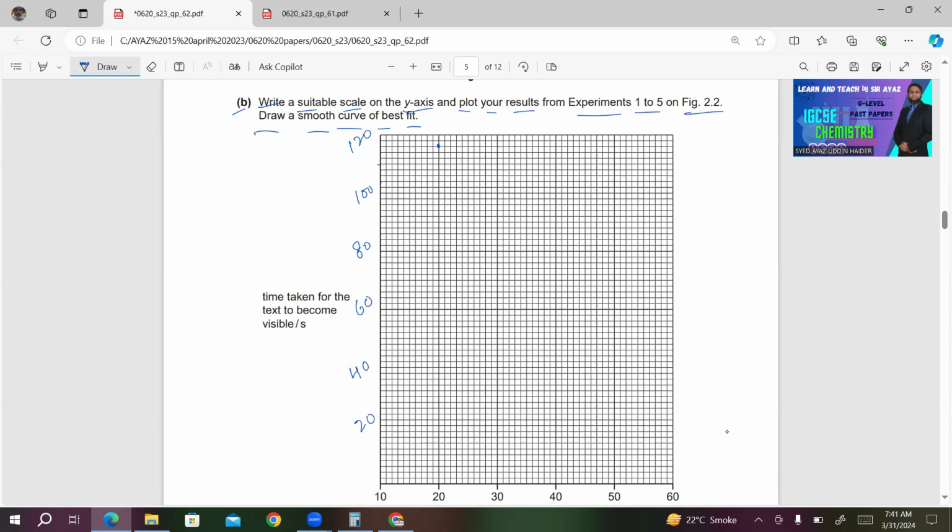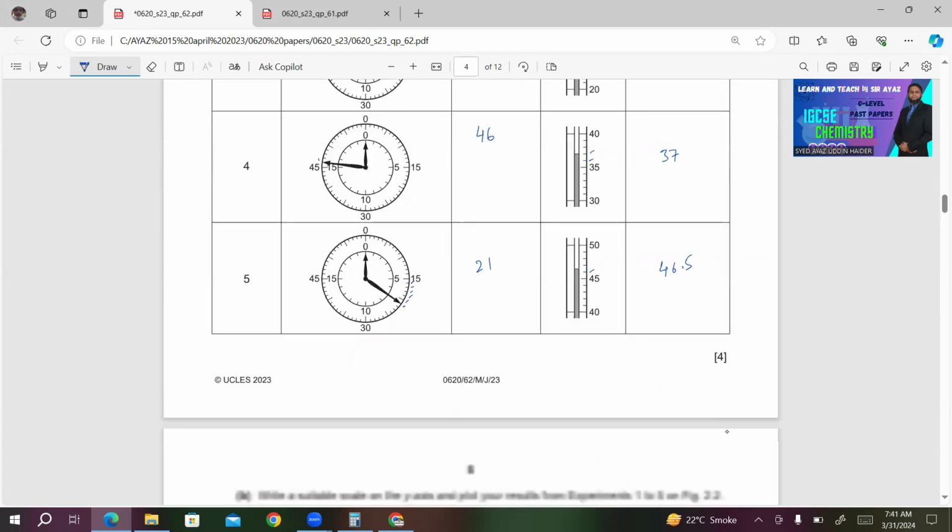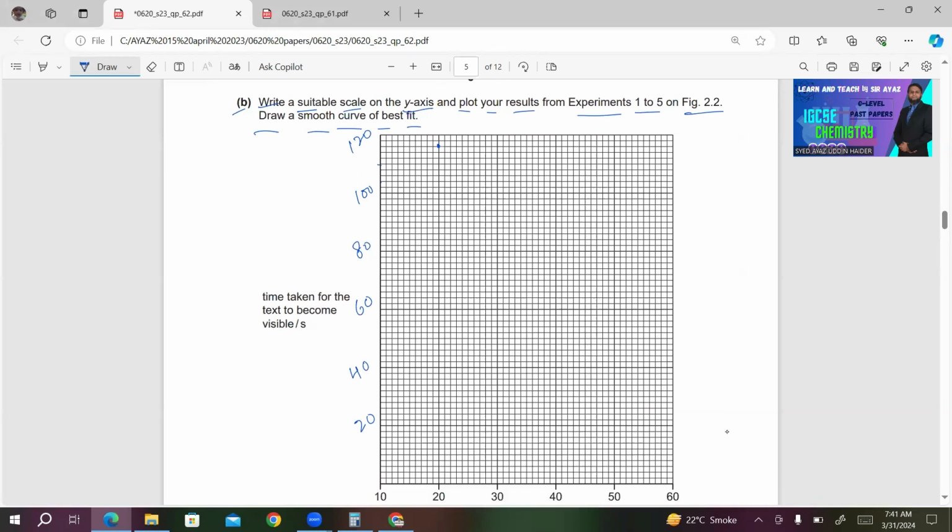What about the second? 80 seconds for 27 degrees centigrade. 27. 1, 2, 3, 4, 5, 6, 7. So this line, 80.